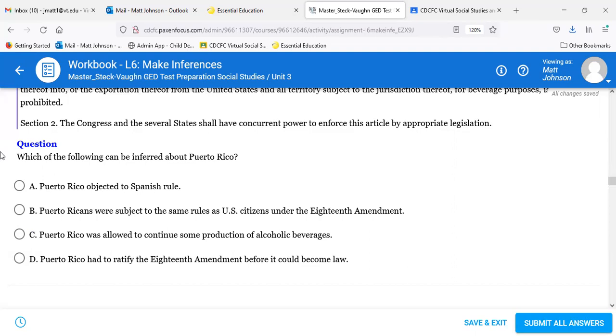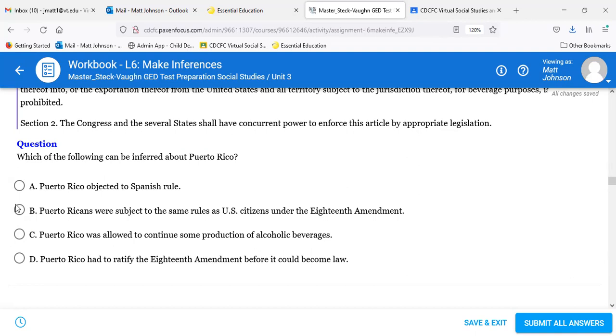B. Puerto Ricans were subject to the same rules as U.S. citizens under the 18th Amendment. C. Puerto Rico was allowed to continue some production of alcoholic beverages. D. Puerto Rico had to ratify the 18th Amendment before it could become law.